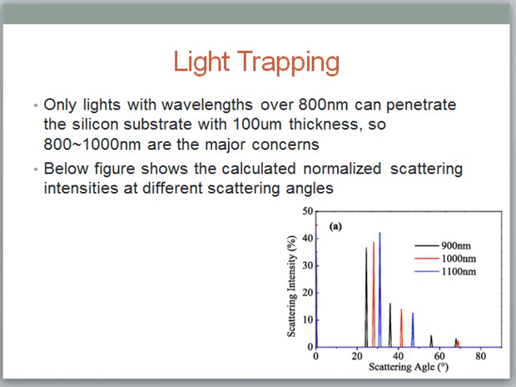The next element of light management is light trapping. Only light with wavelength over 800 nanometers can penetrate the silicon substrate with 100 micrometer thickness. So 800 to 1000 nanometers are the major concerns. Below figures show the calculated normalized scattering intensity at different scattering angles.